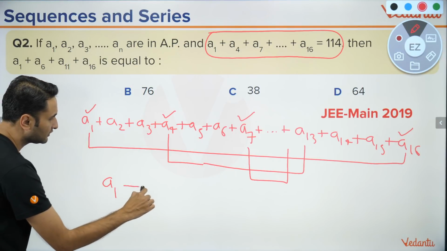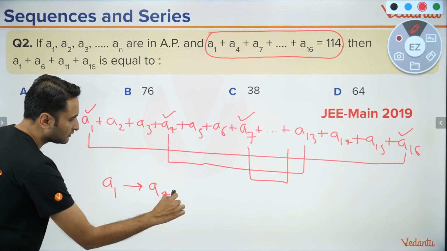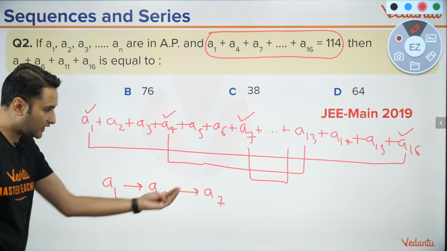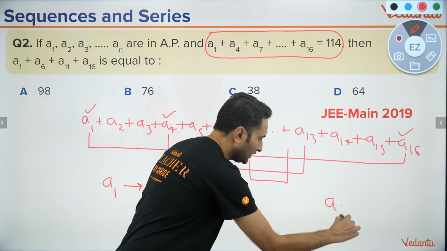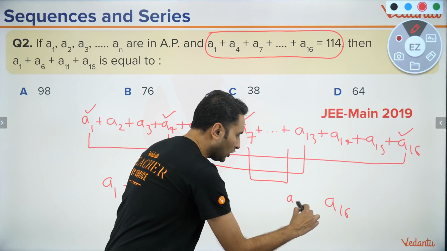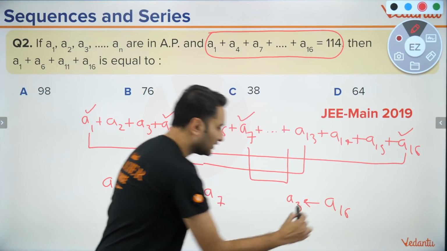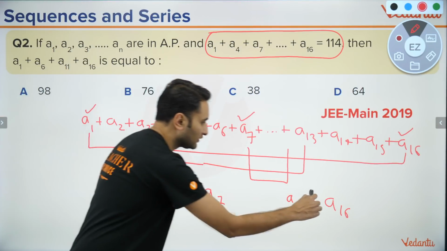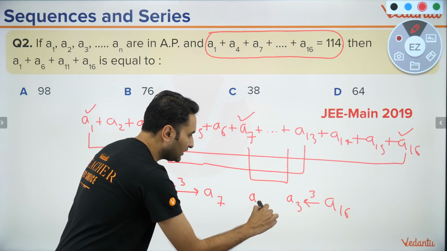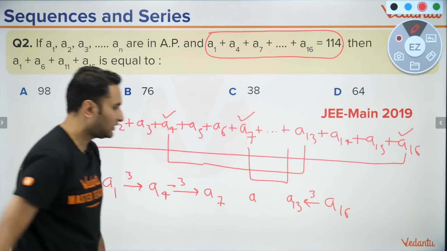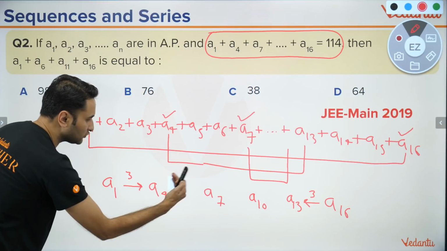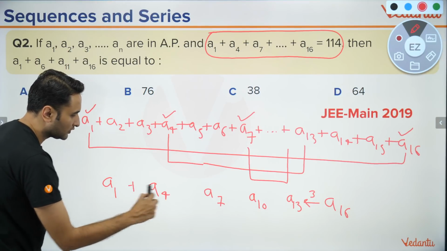A1, A4, A7 with the gap of 3, 3, और यहां से क्या है A16, एक और पीछे आ जाओ 3 terms, 13. गैप कितना है बच्चों? 3 का गैप है, right. और यहां पे क्या आएगा A10, right.